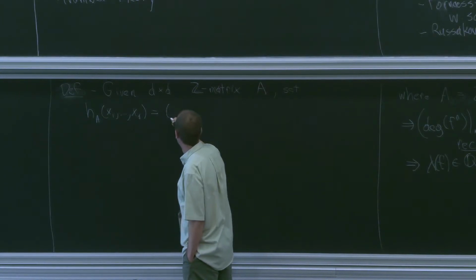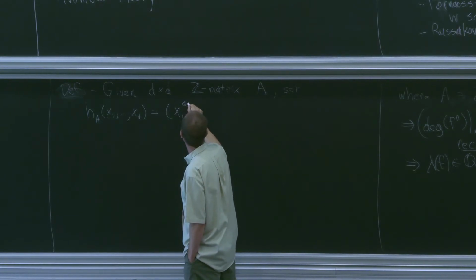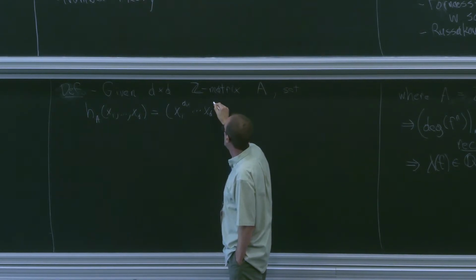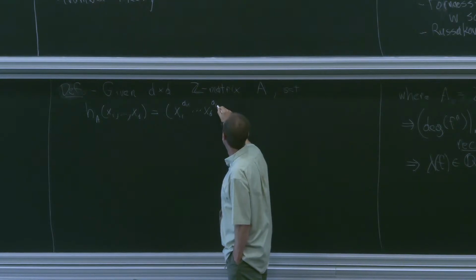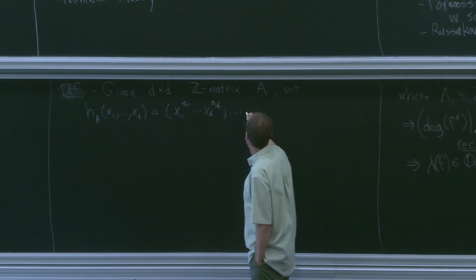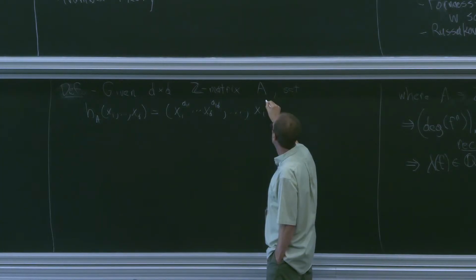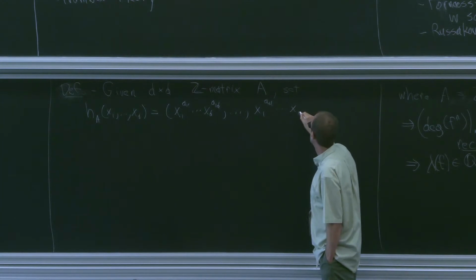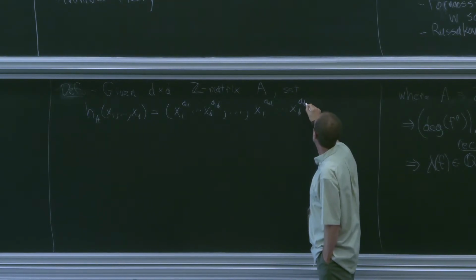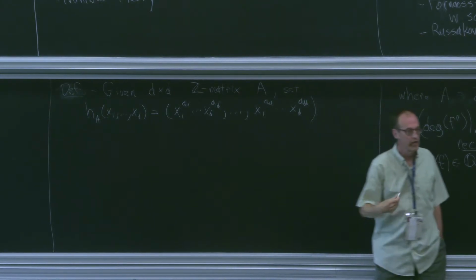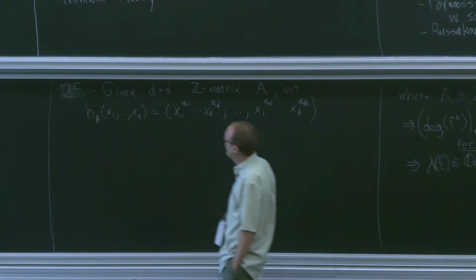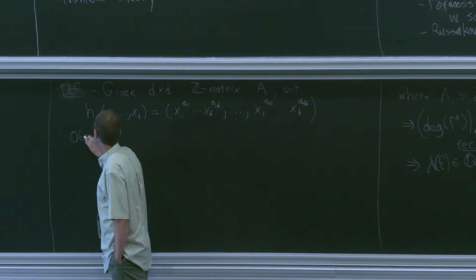So x1 to the A11, and I never can remember rows or columns, A1d, up to x1 to the Ad1 through xd to the Add. So I've got a linear map A, and I'm just exponentiating it here, and that's my monomial map.